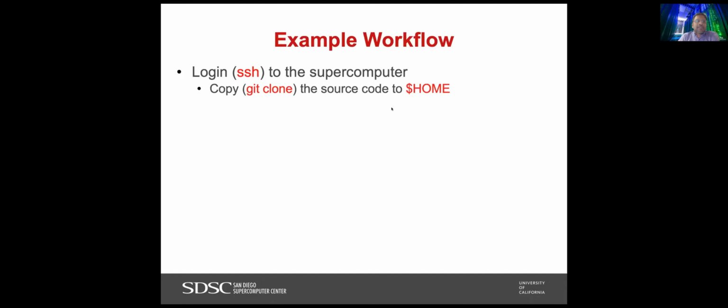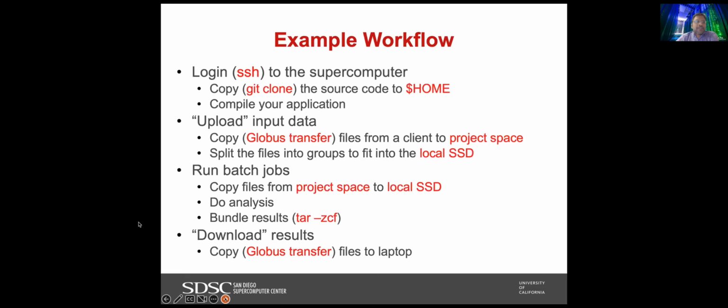Perhaps you have a Git repository that you clone or some other versioning software that you use to manage your code, and you can get that to your home directory, compile your application, and then you have a bunch of data transfers that you'll have to do, like upload your input data, possibly use a tool like Globus and move it from there to the project space or scratch space on Expanse, split the files up to fit into a local SSD if you can in your run script, and run the batch job.